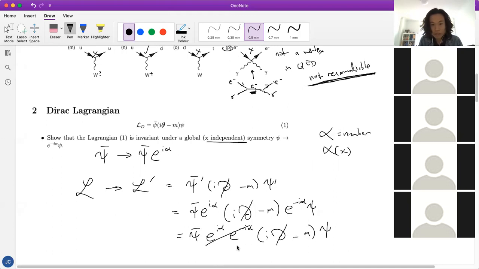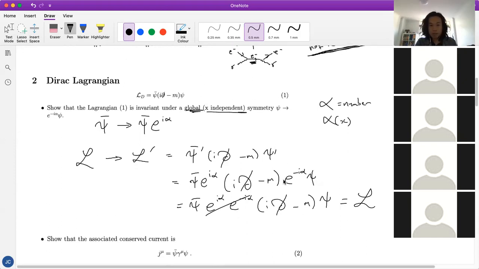And these two, as you see, cancel each other out. So I end up with just L. After this transformation, my Lagrangian did not change in form at all, because I can move this exponential to the left-hand side. And that's all thanks to the global part of this symmetry. Okay, so that should be pretty good.